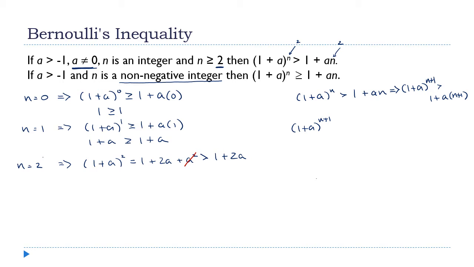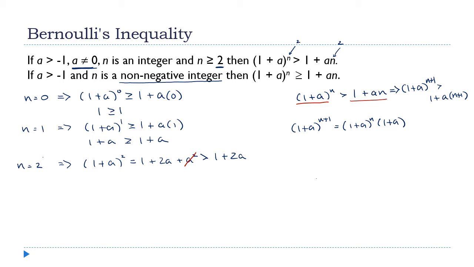I'm going to split this up. I'm going to make this (1 + a)^n times (1 + a). I mean, that's fair, right? Now, look at what I assumed. Because I assume this is true for n, then this is greater than this. Okay, good. So let's do that.